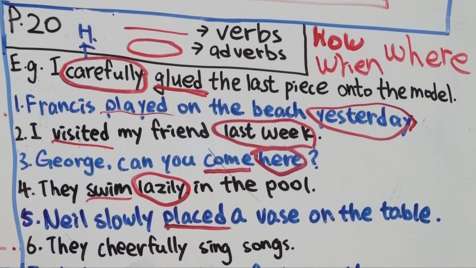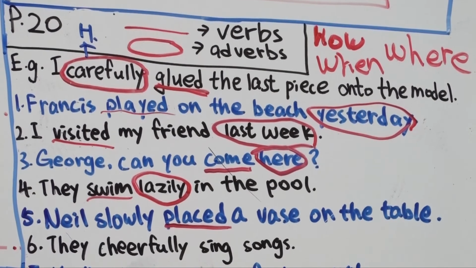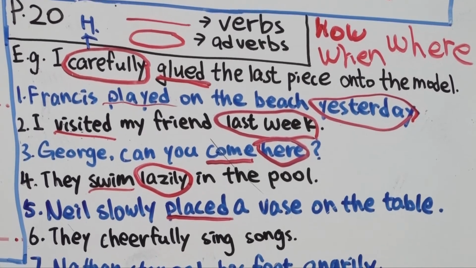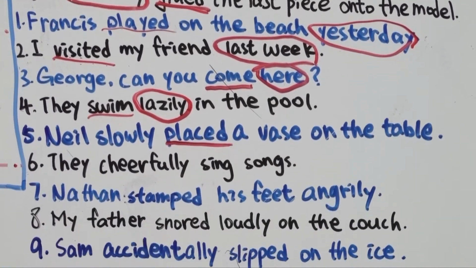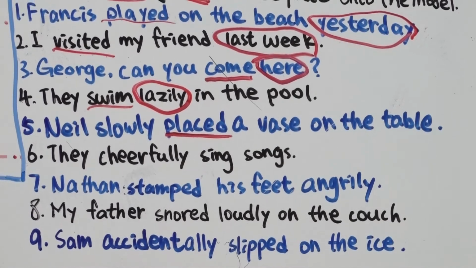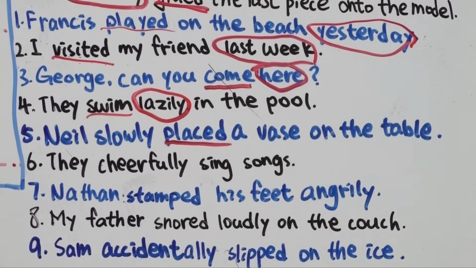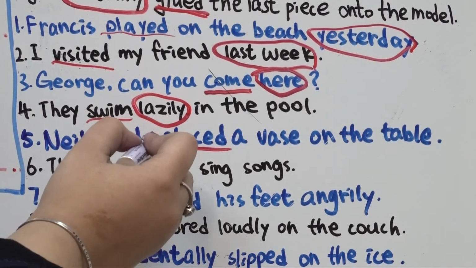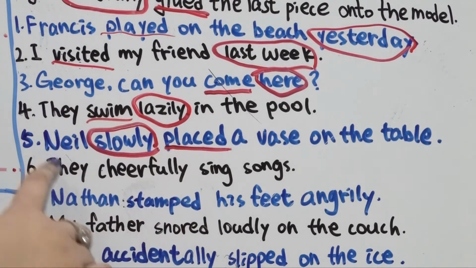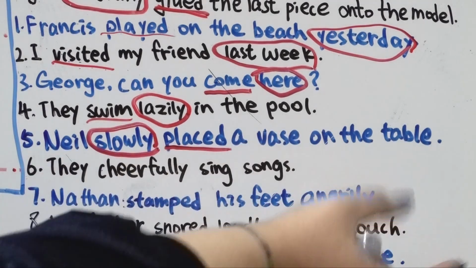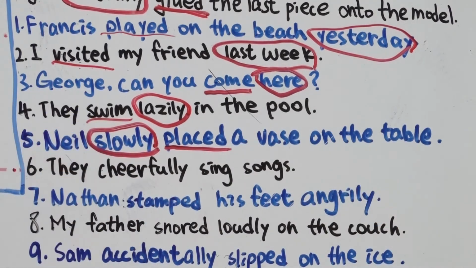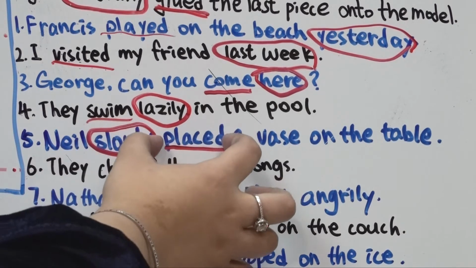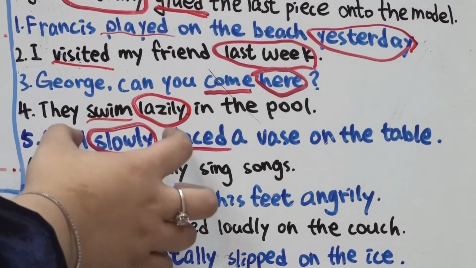You underline placed. Okay? And then which one is the adverb? Is there any special word here that tells you how or where this action happens? Slowly. Slowly tells you how he placed the vase. Okay? This adverb describes this action.